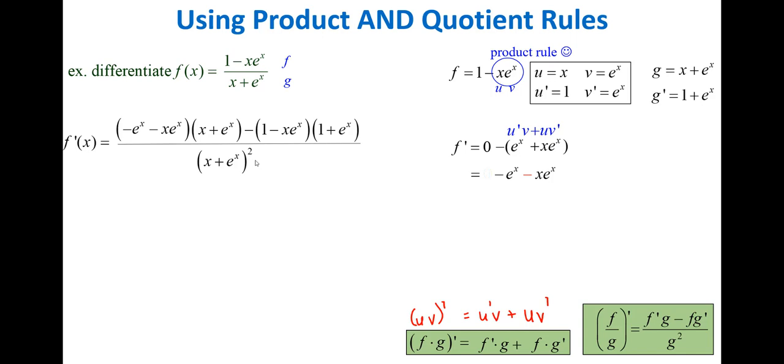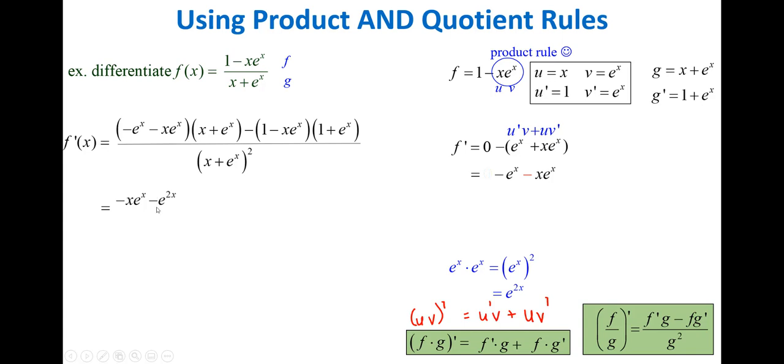As has been the case in other examples, I'm going to leave the denominator as is, and I'm going to simplify the numerator. This times this becomes negative x times e to the x. Right. Now, this times this, do this one time on the side, it'll be e to the x times e to the x, which is e to the x squared, and then the powers can be multiplied, and therefore this will be e to the 2x.